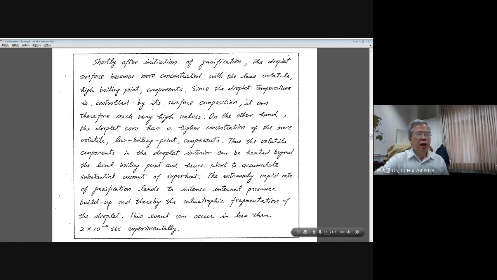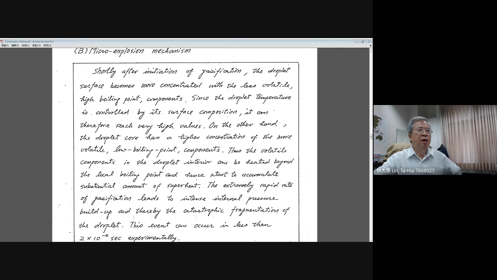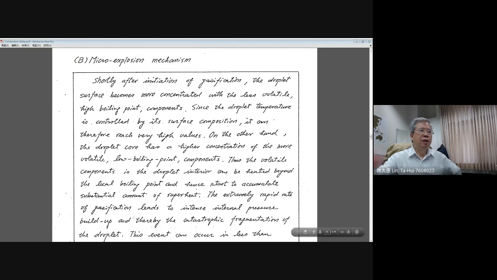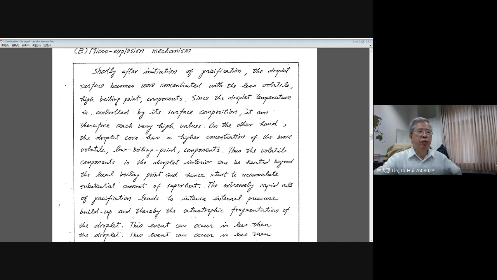This is a very short time. That means that the buildup of superheated vapor of the lower boiling point components inside of the droplet will produce a high pressure that makes the structure of the whole droplet become so many tiny droplets. Okay, this is the sequence, the process of the so-called micro explosion for multi-component droplets.